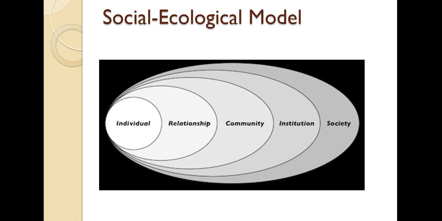In the social ecological model, you need to address most or all of those elements in order to see behavior change. It's been very clear in research that if all you do is look at individual behavior and you do not address any of the other elements, your behavior change will not remain when the program ends. So it's critical that you look at more than one of these elements.